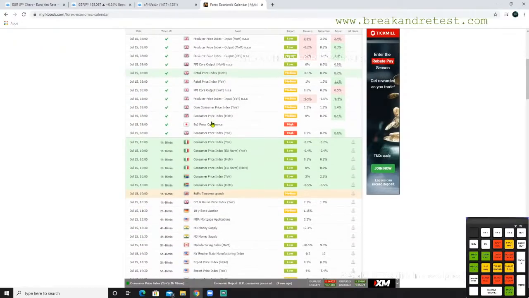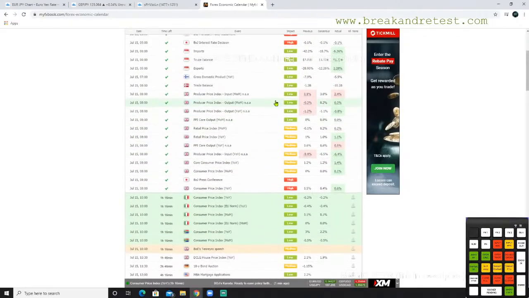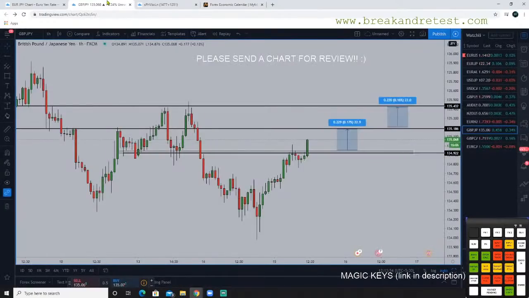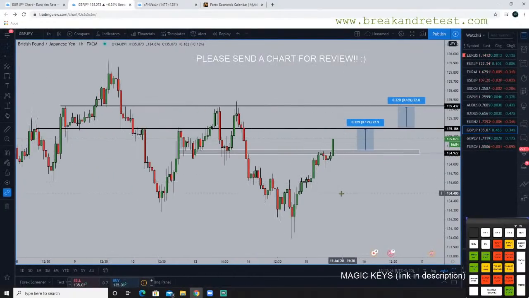Okay, so for now, GBP has good news on most of the pairs. CPI was high impact. We had a good result, better than expected. So there was good data, and we can expect GBP to continue up.